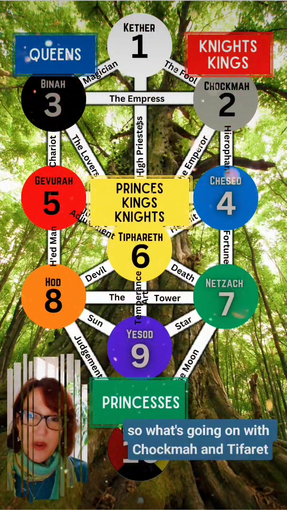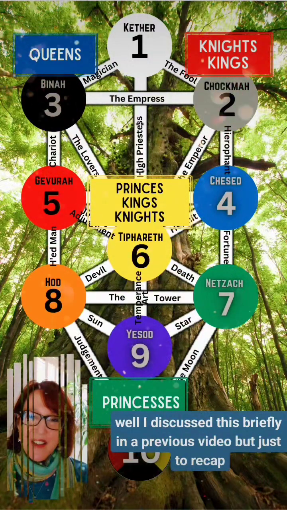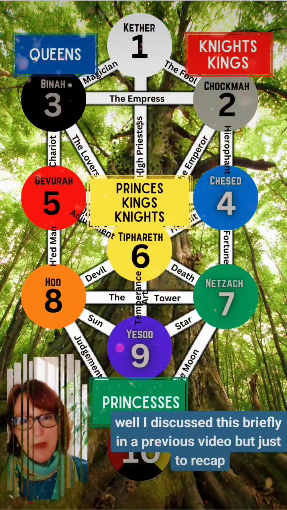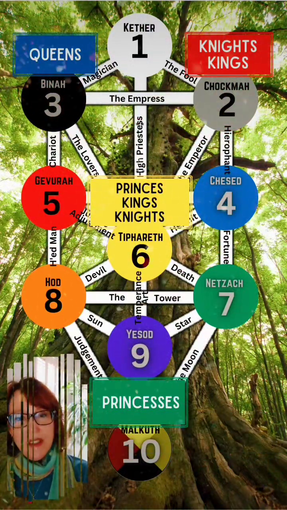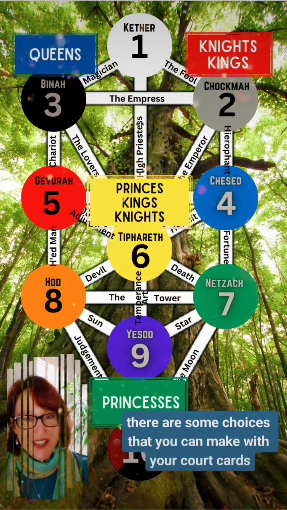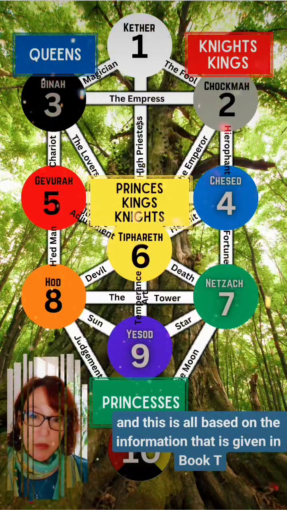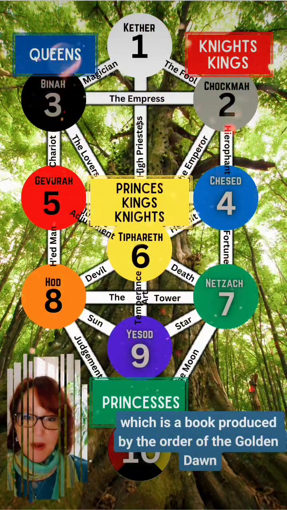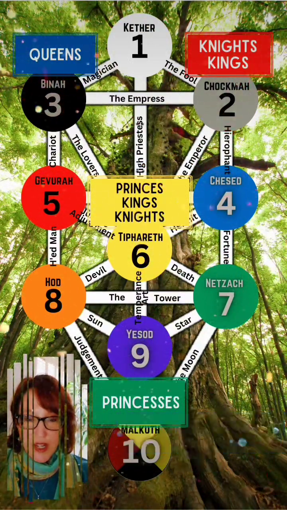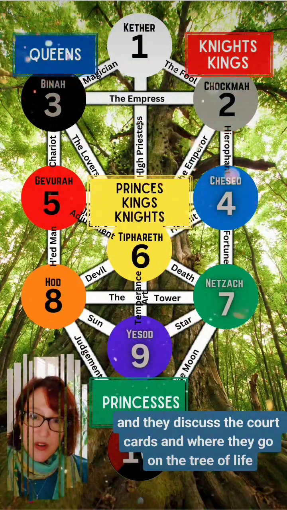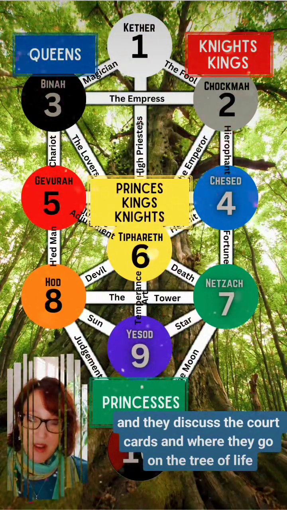So what's going on with Chokmah and Tiferet? I discussed this briefly in a previous video, but just to recap, there are some choices that you can make with your court cards, and this is all based on the information given in Book T, which is a book produced by the Order of the Golden Dawn, and they discuss the court cards and where they go on the Tree of Life.